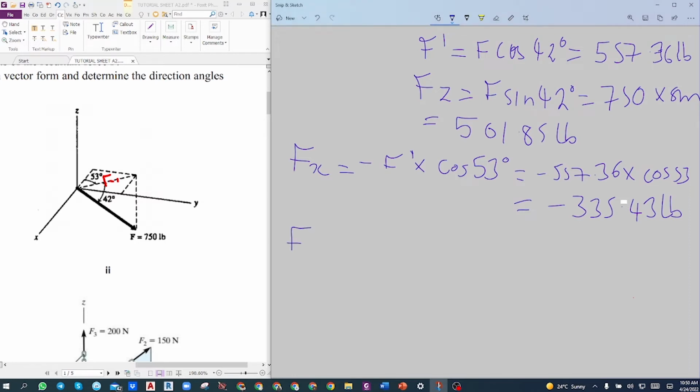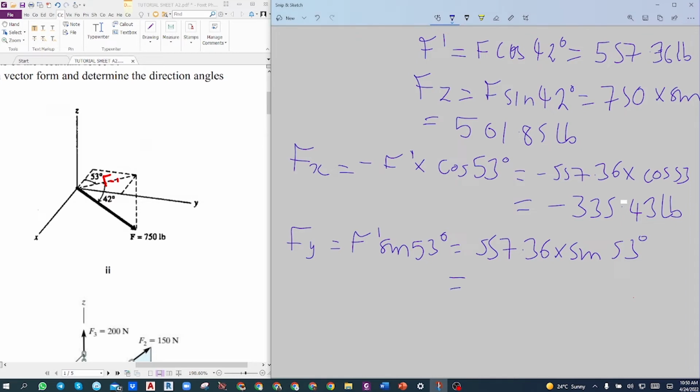Our Fy is equal to, of course the component is positive as we can see, F prime sine 53 degrees, which is 557.36 times sine 53 degrees.